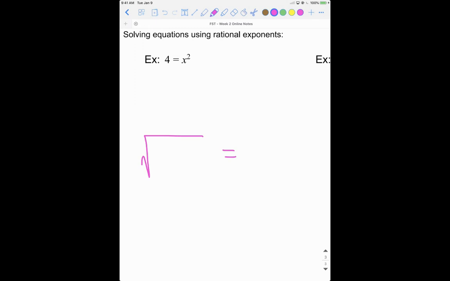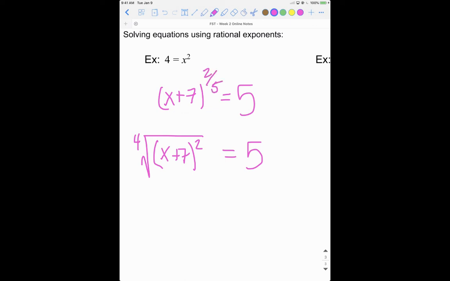The fourth root of x plus 7 squared equals 5. The reason I say let's try this one is because it could also be written as x plus 7 to the exponent form, and we would get 2/4. Sorry, I don't know why I put 5.